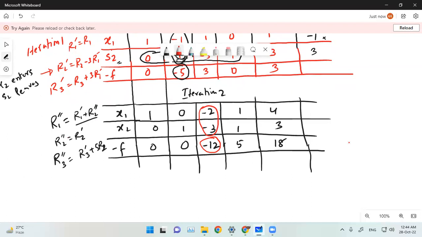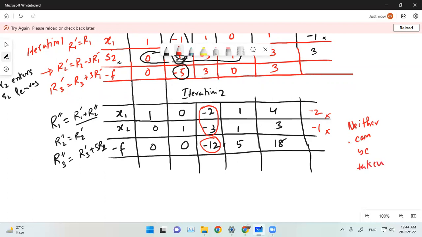And let's find the ratio. So the ratio is -2, we cannot take. And this is -1, we cannot take. So neither of them can be taken.